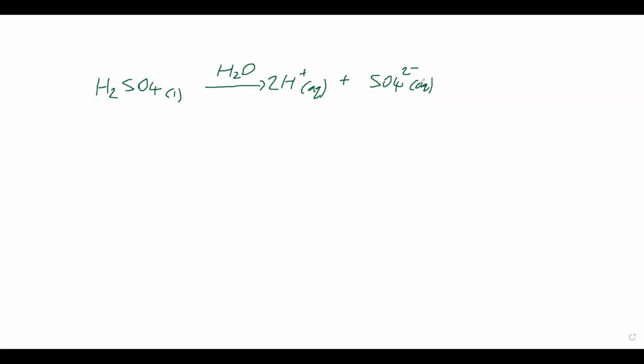Now, this is called a diprotic acid, as you can imagine, because it forms 2 protons. It's got 2 protons to give away. The HCl that we saw was a monoprotic acid.